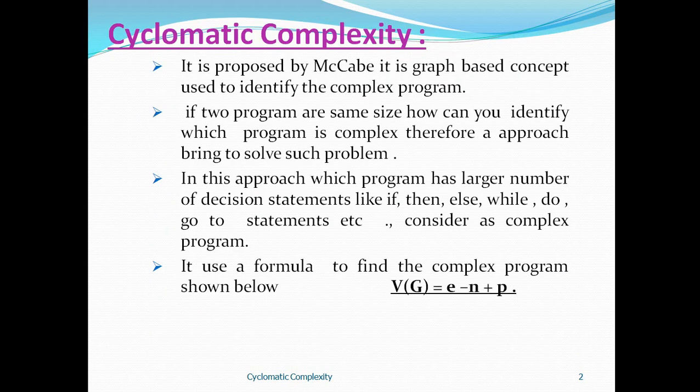However, cyclomatic complexity is a process to measure the complexity of the program. For example, if two programs have the same size, it is difficult to identify which program is complex among them.